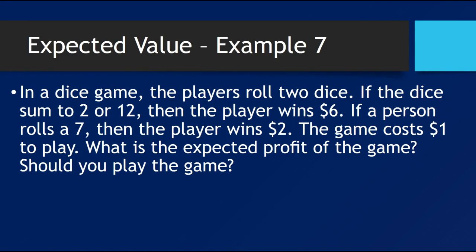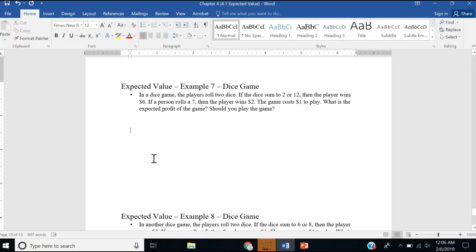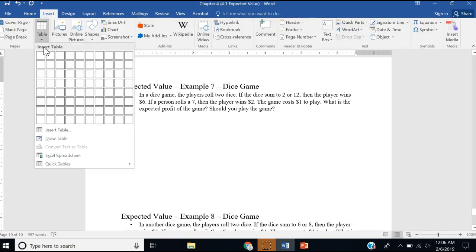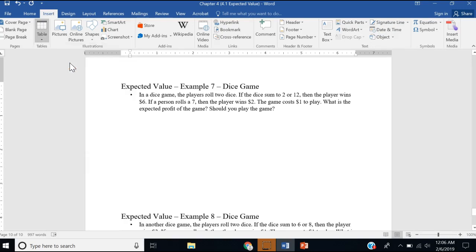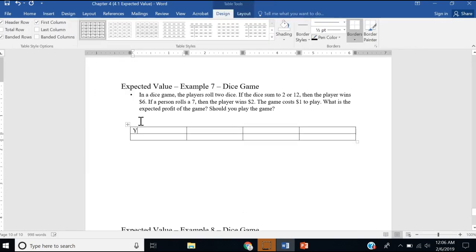So we're going to find the expected profit of the game and then ask ourselves if we should play the game. All right, so we're going to do this in the exact same way. Now, if you think about it, what's going to happen in this table? There's going to end up being 3 different options for payouts.